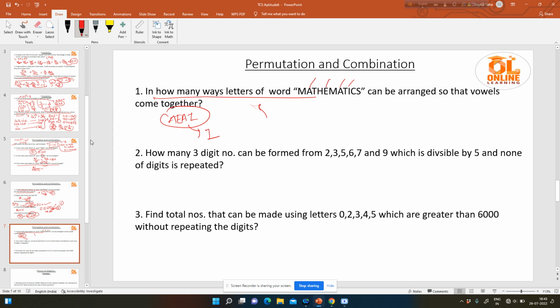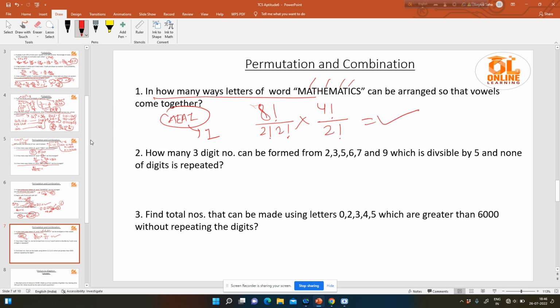So 8 factorial ways. Upon 8 factorial, m and m are repeating, so we will divide by 2 factorial, and t and t are repeating, so we will divide by 2 factorial. Now a, e, a, i, they are 4 letters, they can be arranged among themselves in 4 factorial ways, but there also a is repeating, so divide by 2 factorial. This will be your answer.